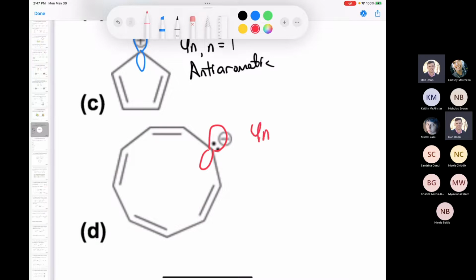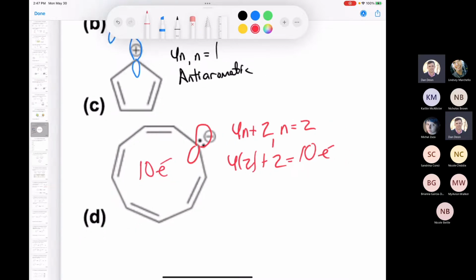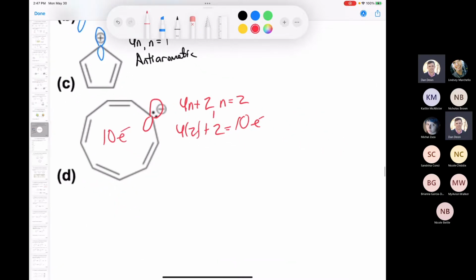So we have 4n plus 2, where n is equal to 2, right? 4 times 2 is 8, plus 2 gives you 10 electrons. So we have 10 electrons in the ring, and a continuously overlapping system of p orbitals. Therefore, it's a Huckel number, and this compound would be aromatic.